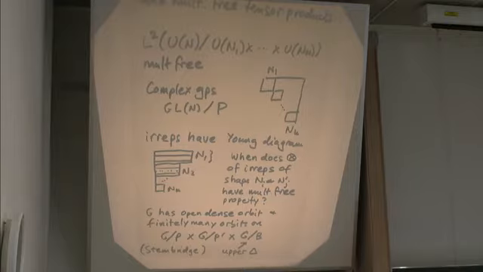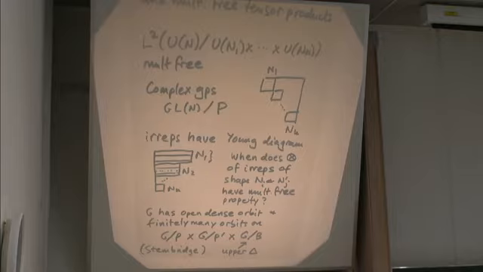Well, that happens, and then you go into algebraic geometry. No more of that here for the moment. It happens when G has an open dense orbit in G mod P cross G mod P prime cross G mod B, where B is just the upper triangular matrices. So that's quite a simple thing. That just is paraphrasing the condition on lowering operators, that a vector has to be killed by lowering operators.